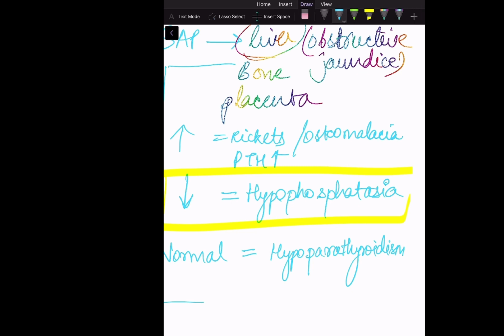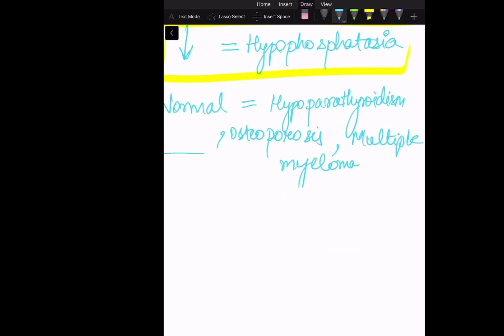It is also normal in hypoparathyroidism, osteoporosis, and multiple myeloma. Okay, multiple myeloma.